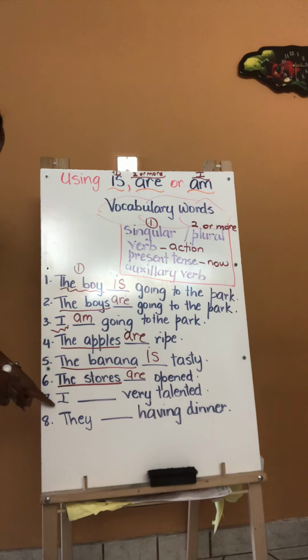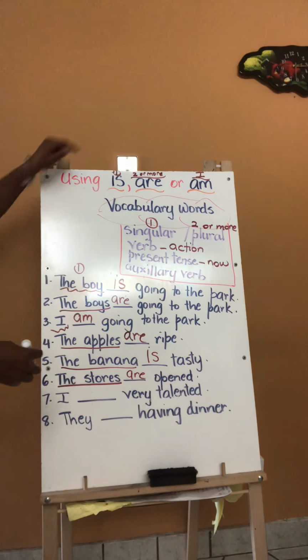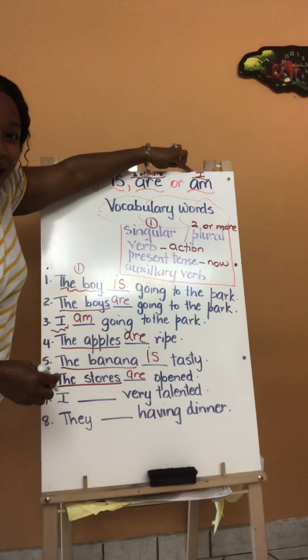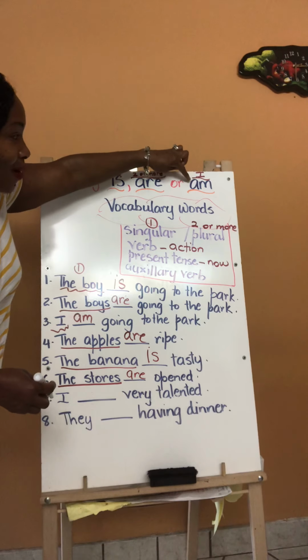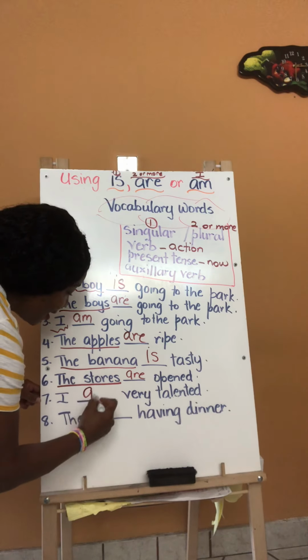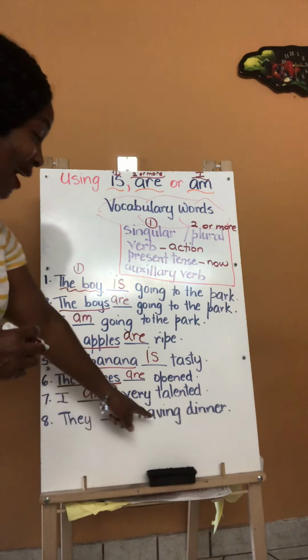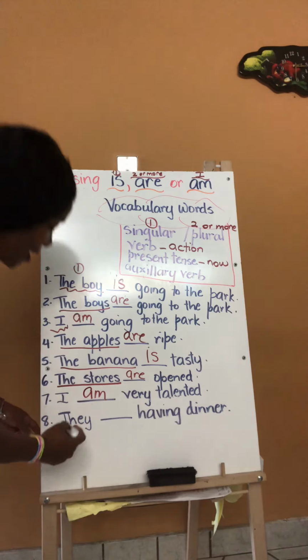7, I blank very talented. Again, the word I goes with the auxiliary verb am. So I am. I bet you got that one. Good job. And then the last one, they blank having dinner.